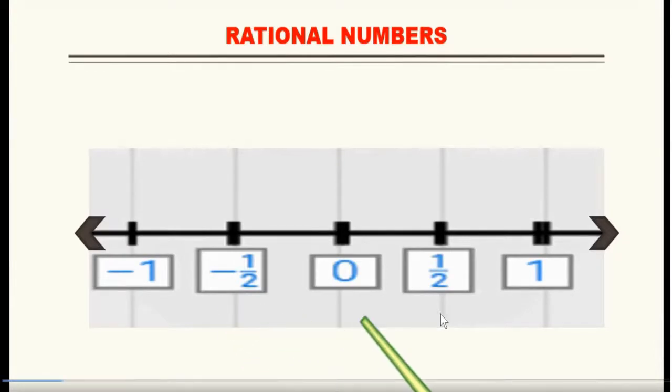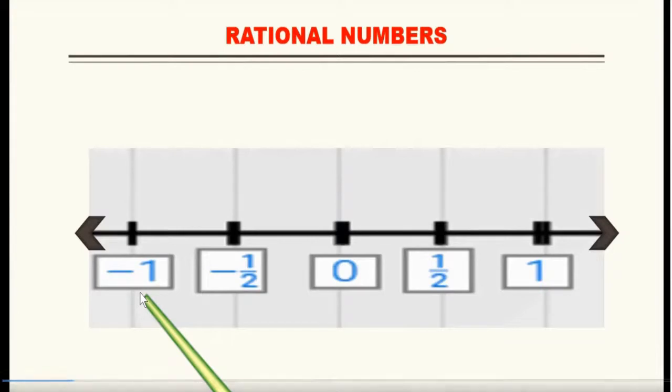Why are they rational numbers? Because they can be represented in the form P by Q, where P and Q are integers and Q is not equal to 0. Let me clarify that for every positive integer, there is a corresponding negative integer.